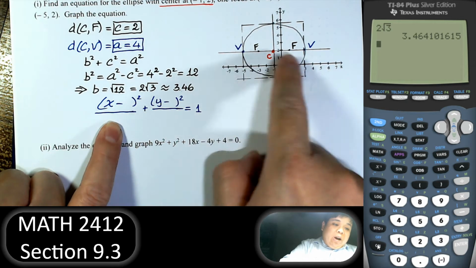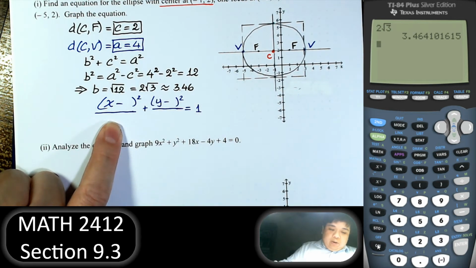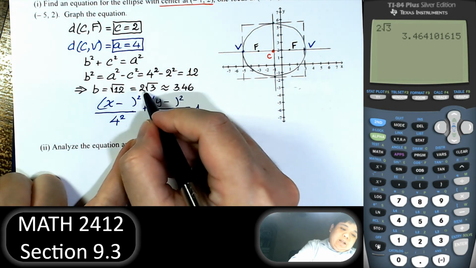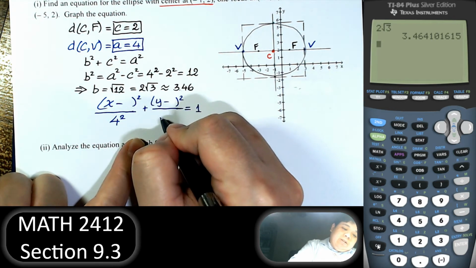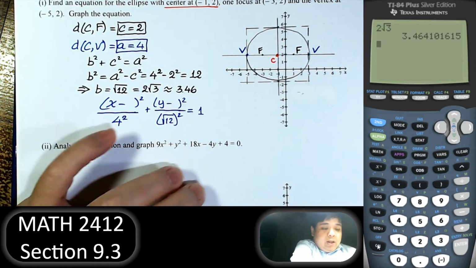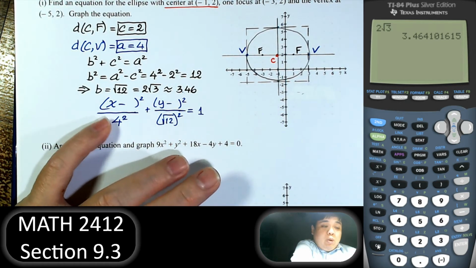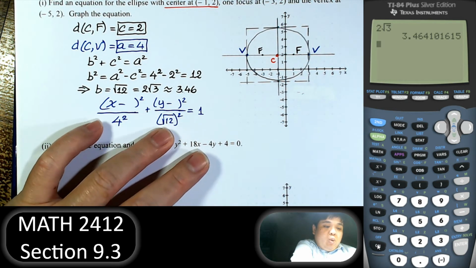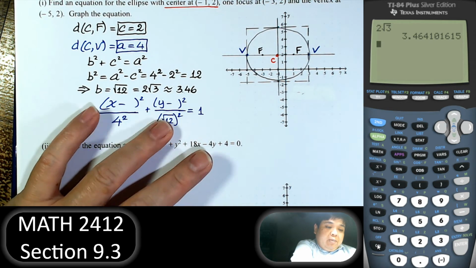And since we go left and right 4 units, it's going to be 4 square left and right, and 2 square root of 3 up and down, so square root of 12 square. So that's why we put 4 square below the x square, and up and down square root of 12.